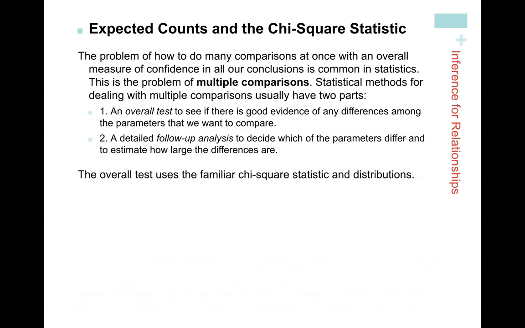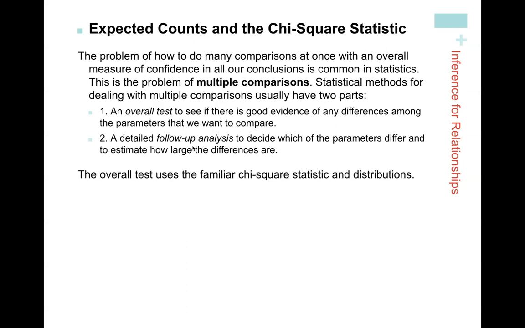When you're doing a chi-square test and calculating the chi-square test statistic, the problem is that you're doing many comparisons all at once. Here's a couple points to keep in mind. Statistical methods for dealing with multiple comparisons usually have two parts. The first part is an overall test to see if there's evidence of any differences among the parameters, and then a detailed follow-up analysis.